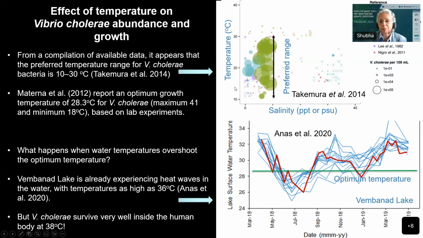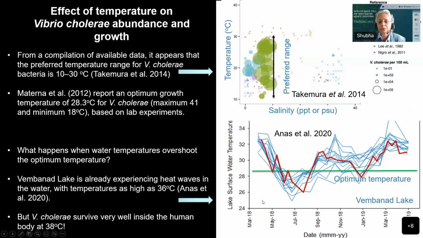In a lab-based study, Materna and colleagues also reported that they had an optimal growth temperature of 28 degrees, but they could survive between 41 and 18 degrees centigrade.